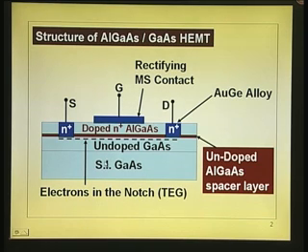So, semi insulating gallium arsenide, undoped GaAs, and then the doped aluminum gallium arsenide, heavily doped N plus. So, this is the two dimensional electron gas region, where electrons are confined into the notch.